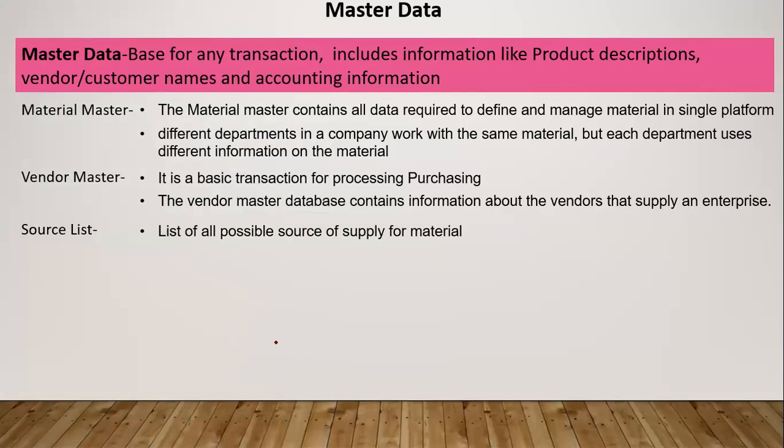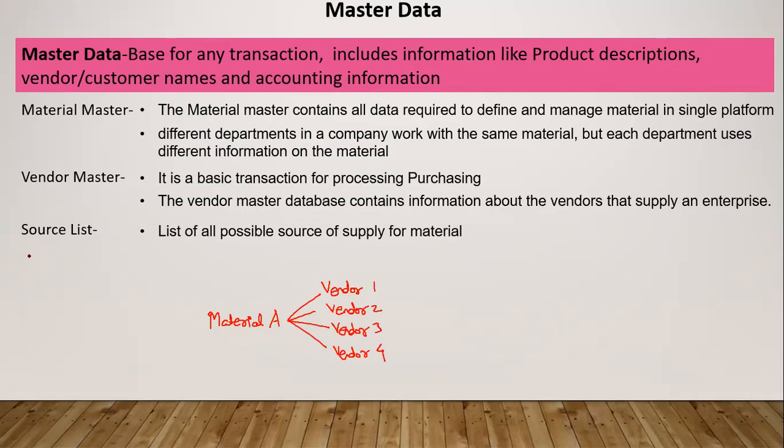For example, I have a material A, which can be procured from vendor 1, vendor 2, vendor 3, and vendor 4. So all the possible sources of supply we assign in the source list.